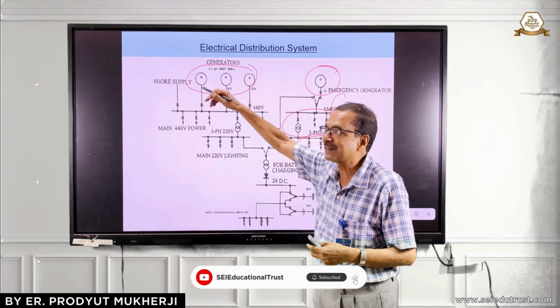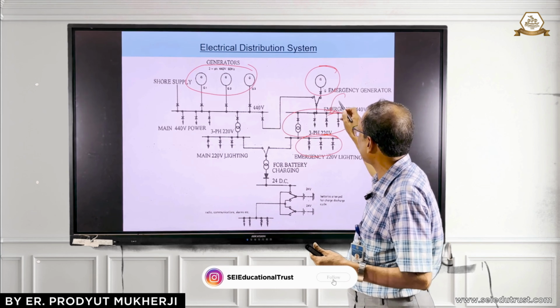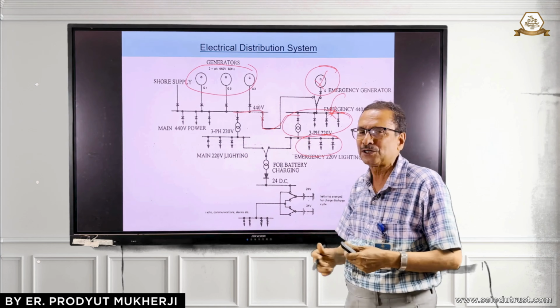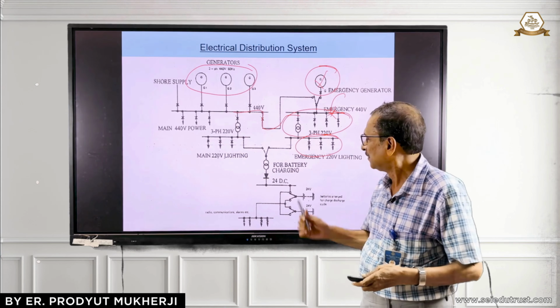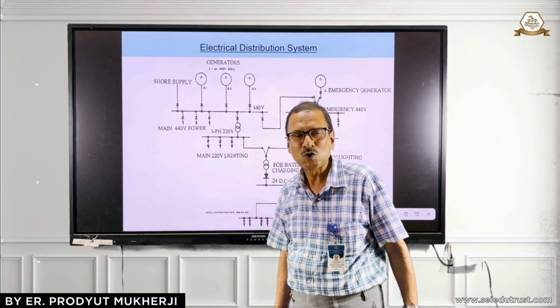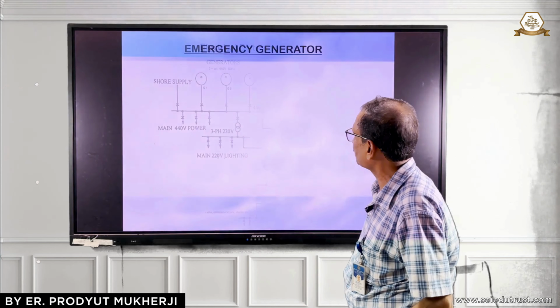Till that time that one of the main generators is made available, when it will automatically shut down and the supply will switch over from the main switchboard. So this is how the power distribution system on board works. It's a very simple line.